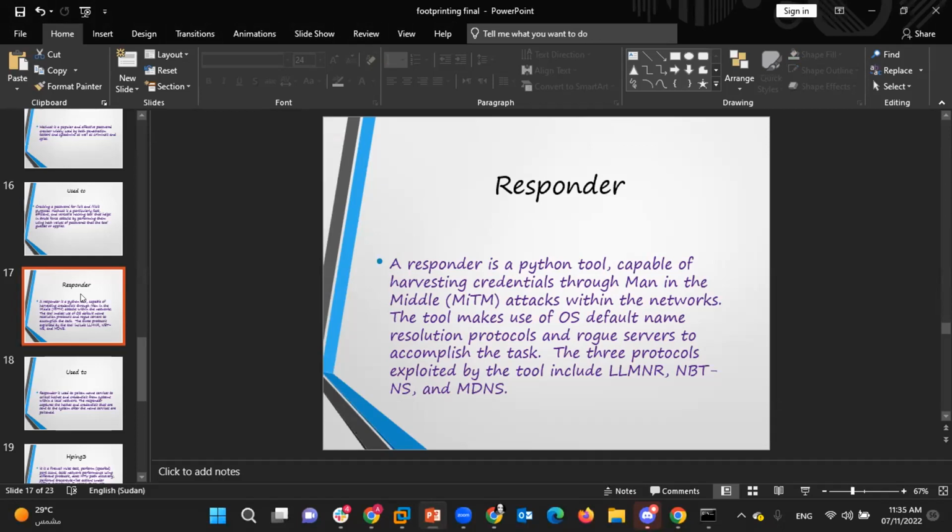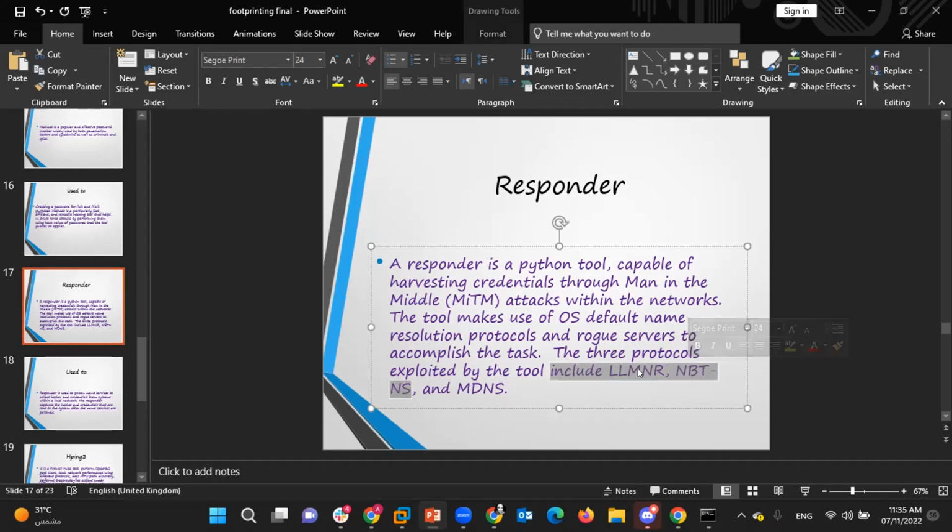The three protocols exploited by the tool include LLMNR, NBT-NS, and MDNS. All of these are protocols.